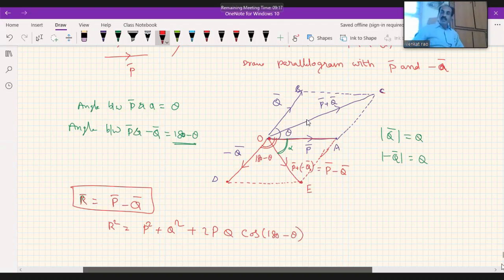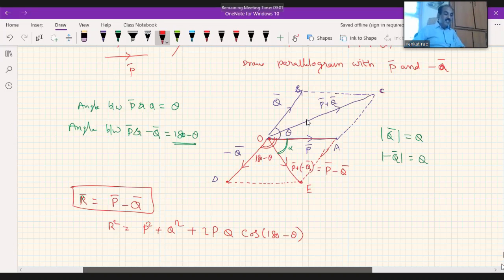Because the magnitude of minus Q is the same as plus Q. The angle between P bar and minus Q bar is 180 minus theta.